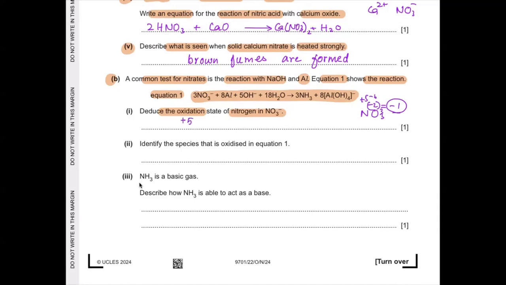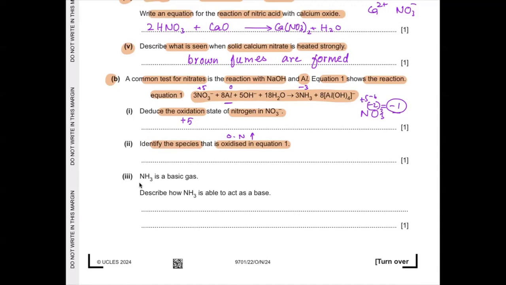Okay. Now, part 2. Identify the species that is oxidized in equation 1. Oxidized means the species whose oxidation number goes up. So nitrogen is +5 over here, and if you see, nitrogen is -3 over here. So it means nitrogen is being reduced. Aluminium is an element over here, so its oxidation number is 0.